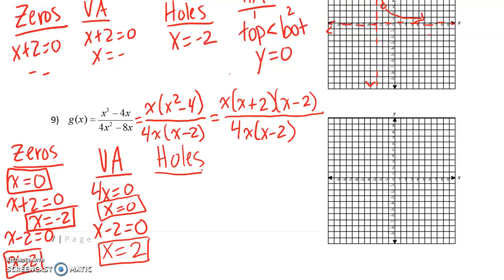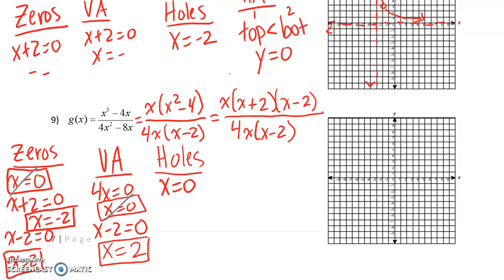So if we look at our zeros and our vertical asymptotes, do you see any that are in both categories? I see x equals 0. Since x equals 0 is listed both as a zero, a defined value, and as an undefined vertical asymptote, that tells me we have a contradiction. So at x equals 0, there will be a hole.